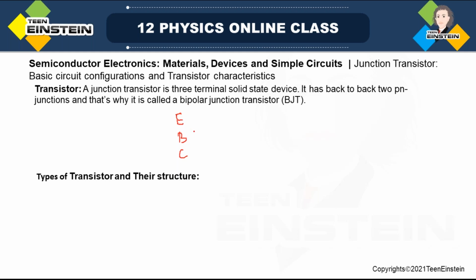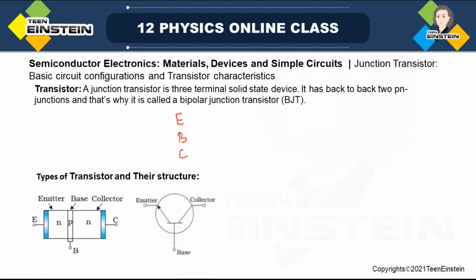The base will act as the junction of the collector and emitter that we have seen. We had discussed different amounts of doping and different shapes and sizes for emitter, base and collector.